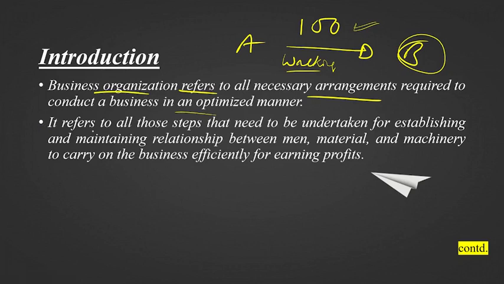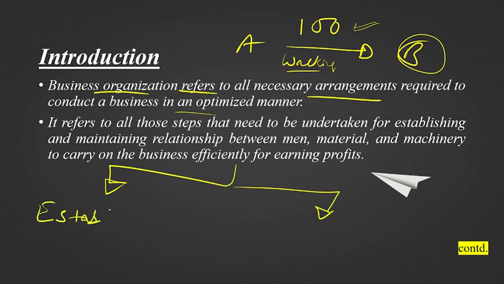Okay? So it refers to all the steps that you need to take for establishing and maintaining the business. What is very important here is two things you should know. Establishing is the first step, but more important is execution or maintaining the business.